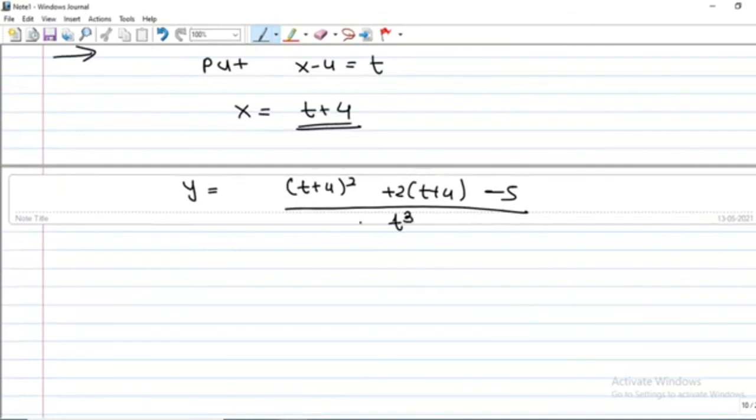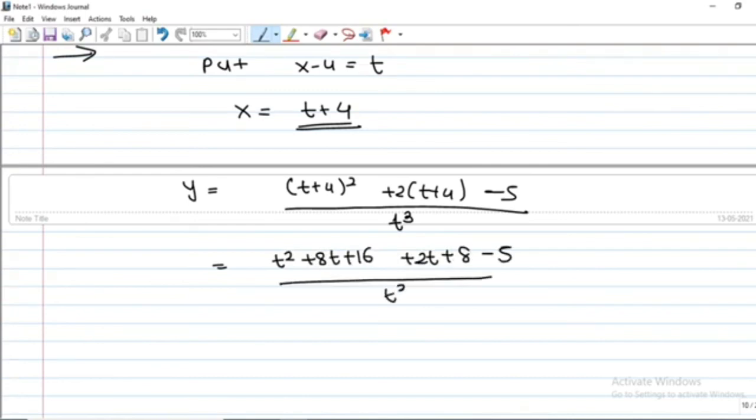Don't you agree? After this we will try to open the square, which will give me t^2+8t+16, plus 2t+8, and minus 5, the whole upon t^3.